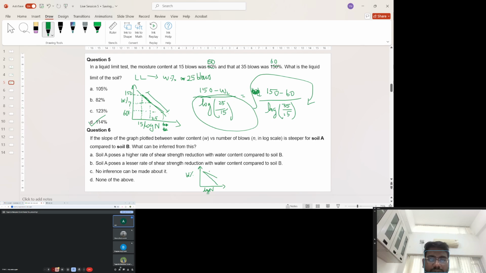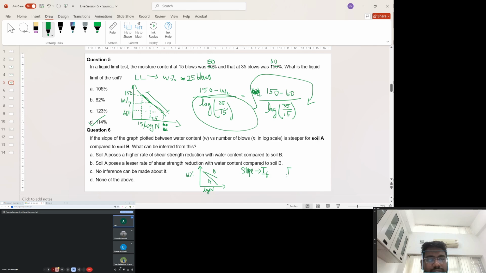Now, this is A and this is B. As I discussed before, the slope gives the flow index, right?